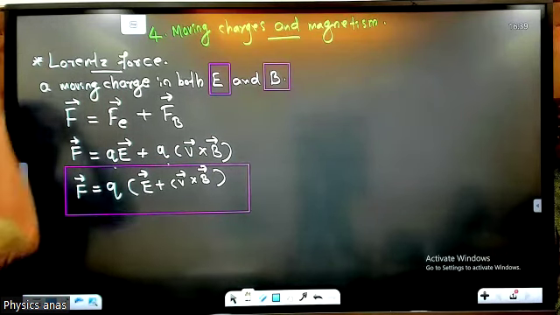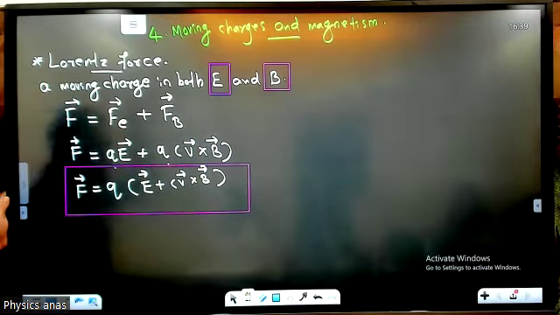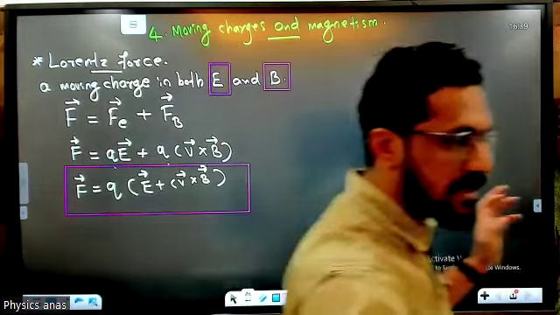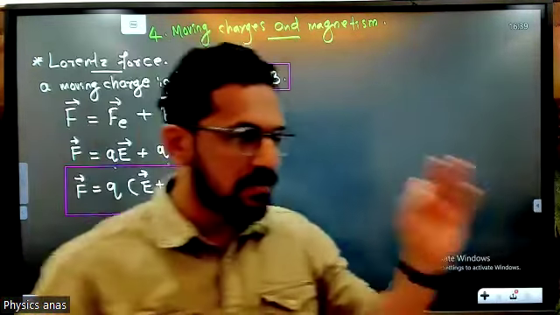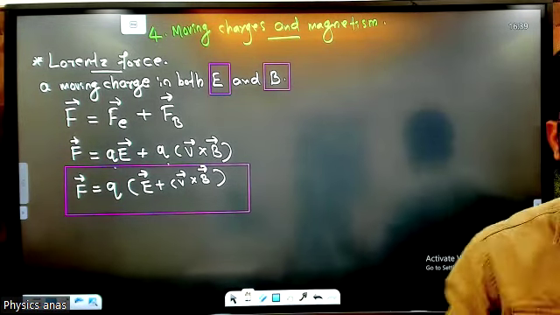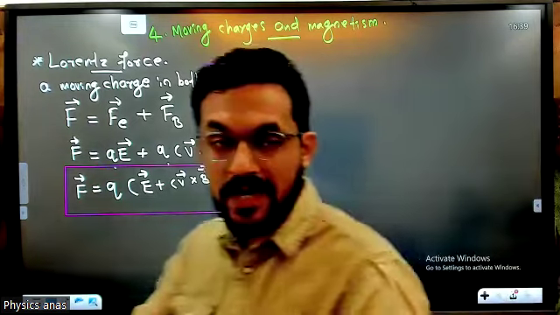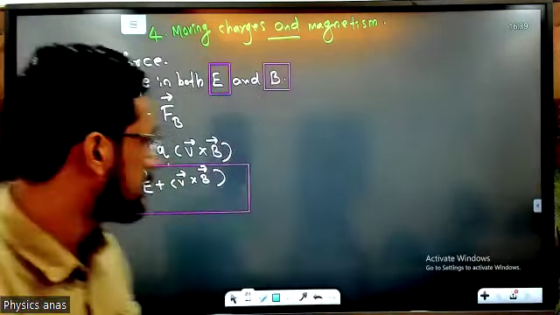We are talking about the Lorentz force, and this is the total Lorentz force. We have seen the electric Lorentz force and the magnetic Lorentz force. The electric Lorentz force is the force on a charge in an electric field, and the magnetic Lorentz force is the force on a charge which is moving in a magnetic field.